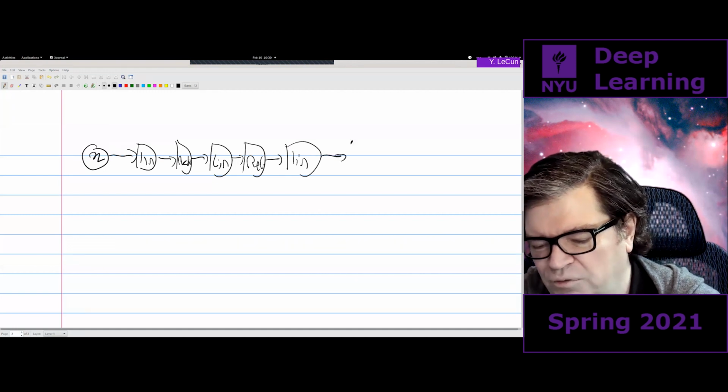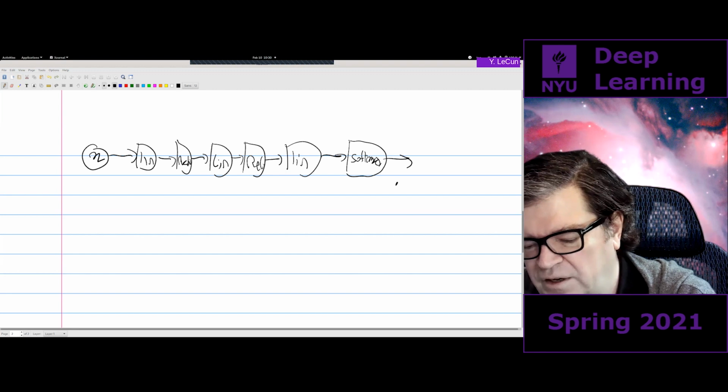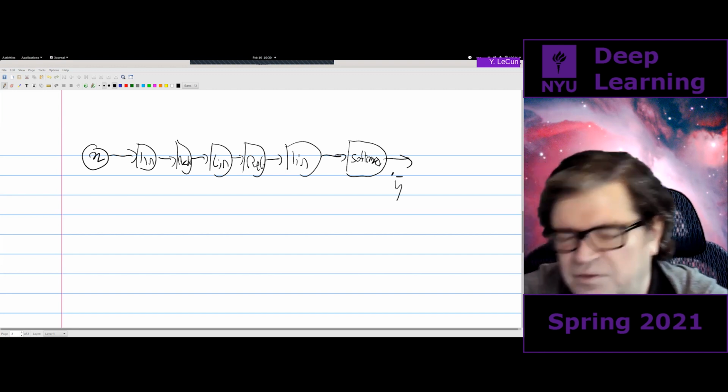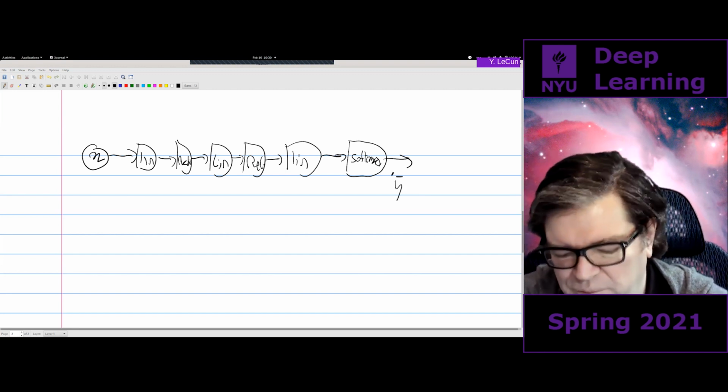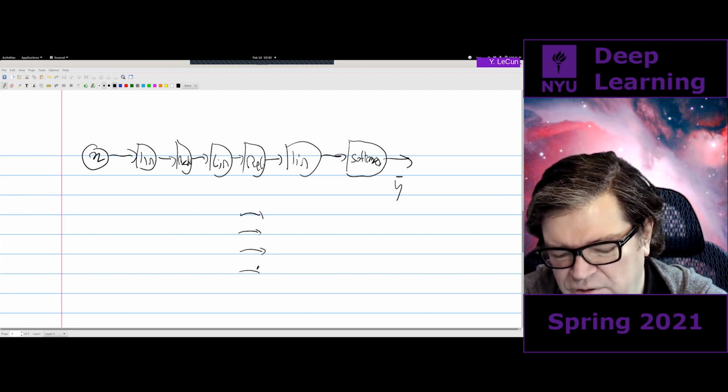And then we're going to put one of those softmax modules. This output, which is the predicted output, is really going to be a vector of numbers between 0 and 1 that sum to 1. I'm redrawing this softmax module here.